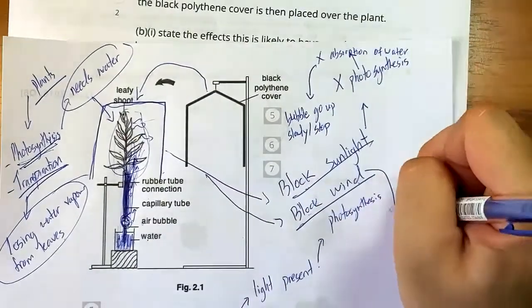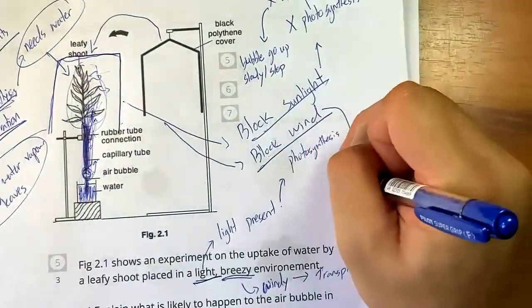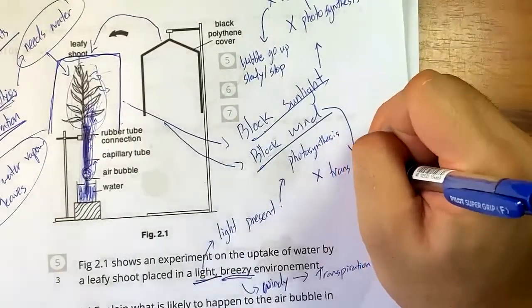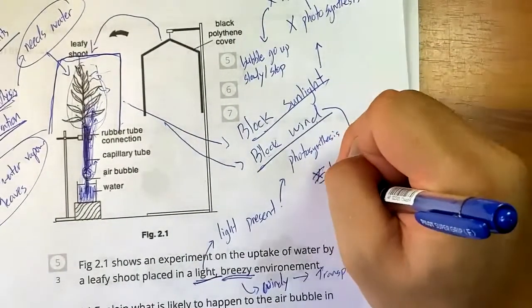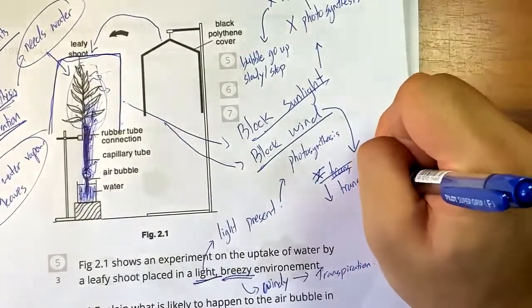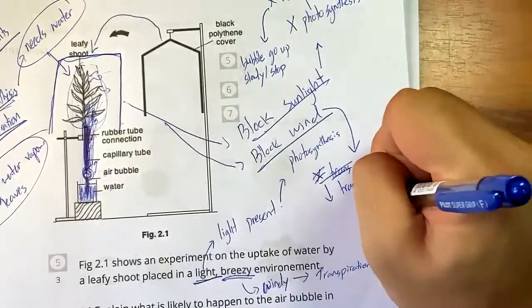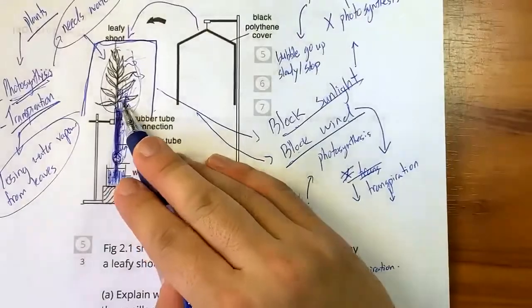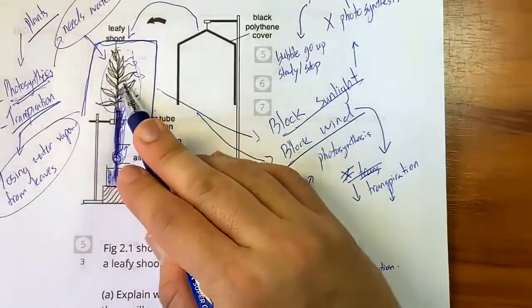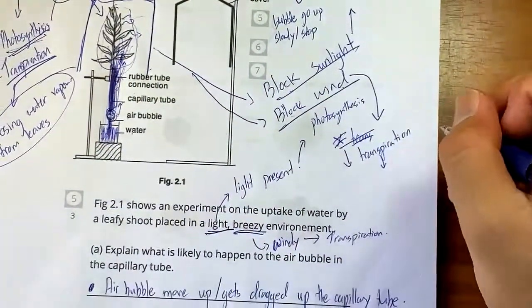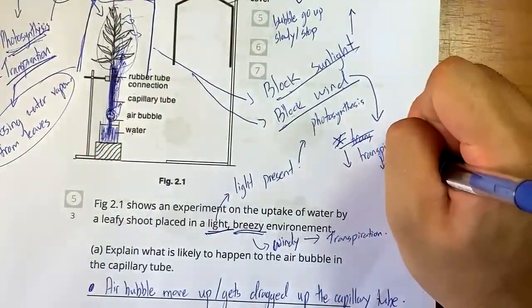Same thing with wind as well. If no wind, that means reduced transpiration, less transpiration. How can there be less transpiration? Because the water vapor that should go out now gets accumulated near the leaves. So less transpiration. Why?